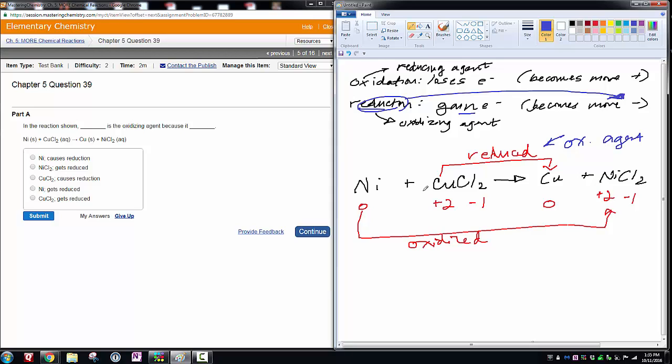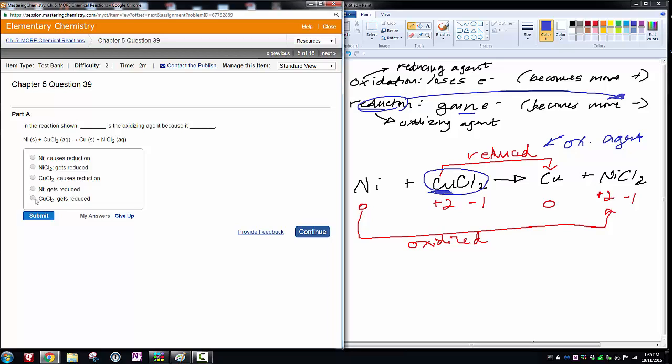The copper specifically was the oxidizing agent, but the copper came as copper chloride. They don't give me the option for just copper. So copper chloride, because it gets reduced, therefore it causes oxidation. That's why it's the oxidizing agent.